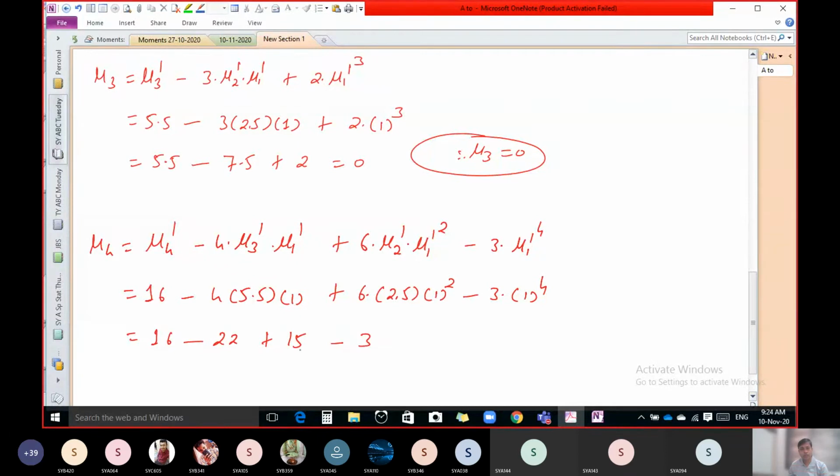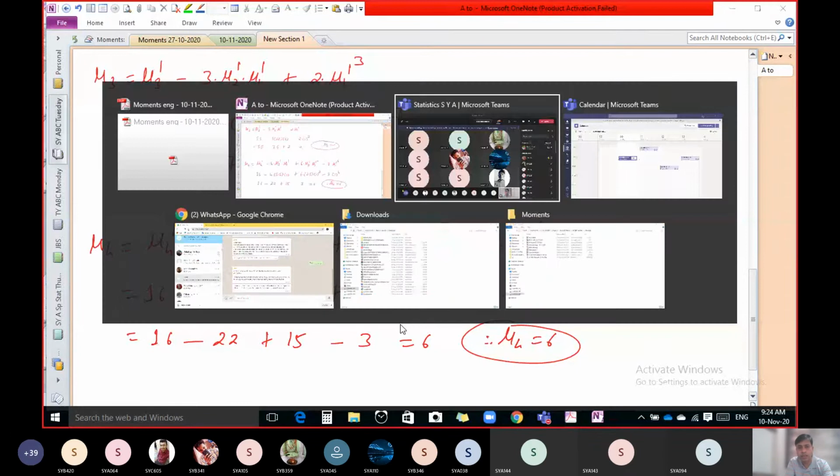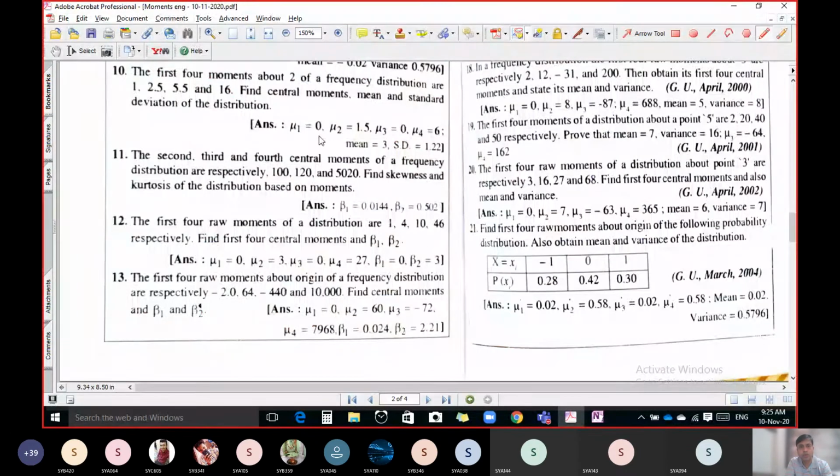So we get 31 minus 25, that means 6. So mu4 is 6. Mu1 is 0, mu2 is 1.5, mu3 is 0, mu4 is 6.